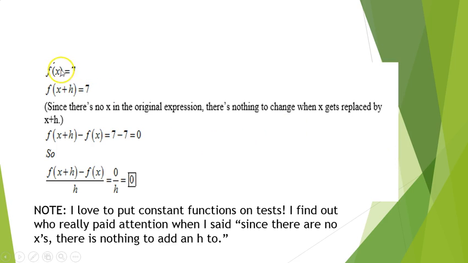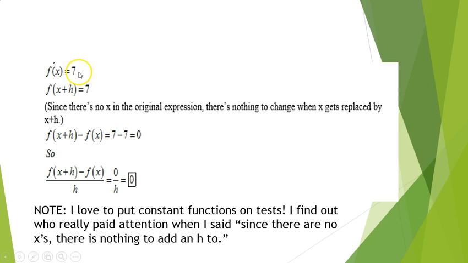And our answer is as follows. One more. F of x equals 7, the constant function. What is f of x plus h? Too many students want to say 7 plus h. Is there an x here?